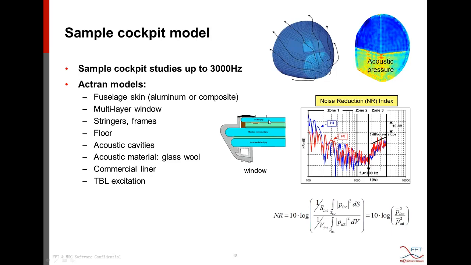We have elastic layers and some damping layers in between. Stringered frames, those are the stiffeners, and floor, acoustic cavities, glass wool, liners, and of course in Actran we'll apply the turbulent boundary layer excitation to the exterior surface of the structure.